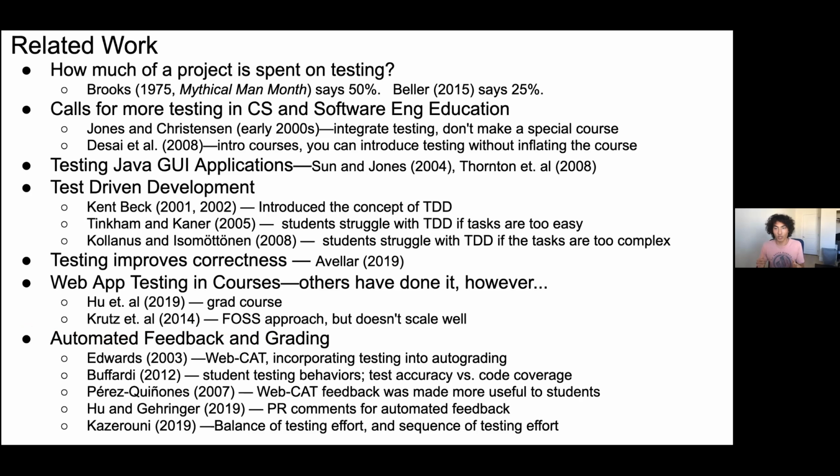If you did all your testing effort at the end, that tended to be negatively correlated with actual coverage. And furthermore, it demonstrated that coverage was more positively correlated with the amount of test effort per work section as opposed to whether or not you were following TDD in a test first manner.